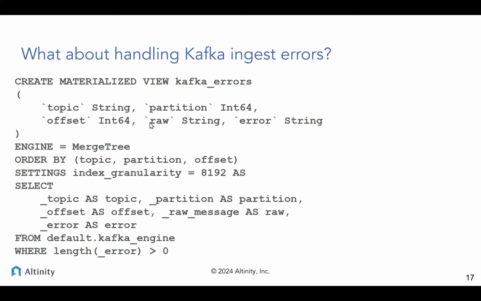This is basically like a dead letter queue. This is what's going to be in your table, and this select statement is how to read it. Kafka has these things called virtual columns, like topic is the name of the topic it read from, and you can see that this is selecting things where the error message is greater than 0. So it's basically trying to read off the topic and find things that couldn't convert. And they'll pop in there and then you can look at them and figure out what's going on.